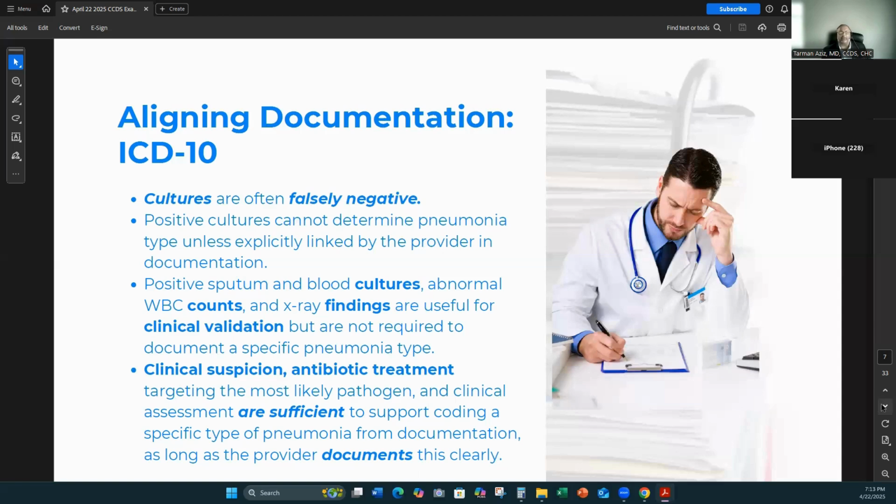You need the provider to read those culture results themselves if they do happen to be clinically valid and positive, and then explicitly link that finding with a specific type of pneumonia. Otherwise, we're still not able to code it. So the sputum and blood cultures may or may not be there to help us. We also know that with pneumonia, it's not always the case that the white blood cell count is sky high.